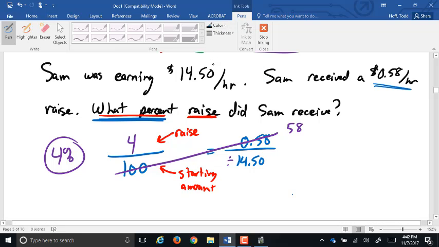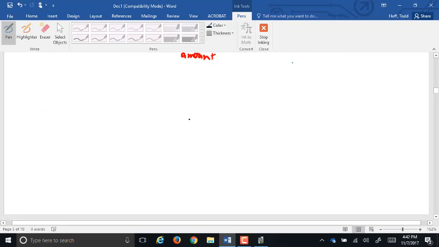Another thing that these proportions are good for helping out with is avoiding calculating something we don't need. For example, let's say that Pat pays, let's say, 32% in taxes.